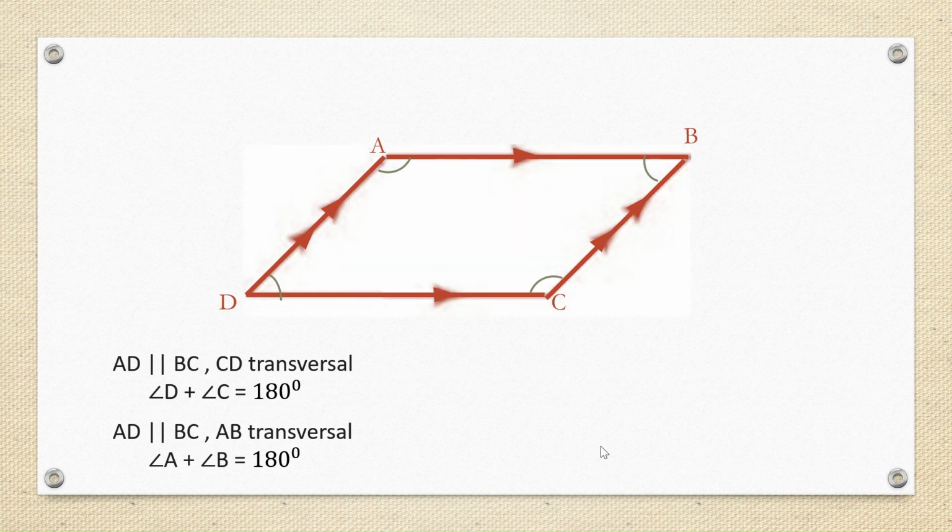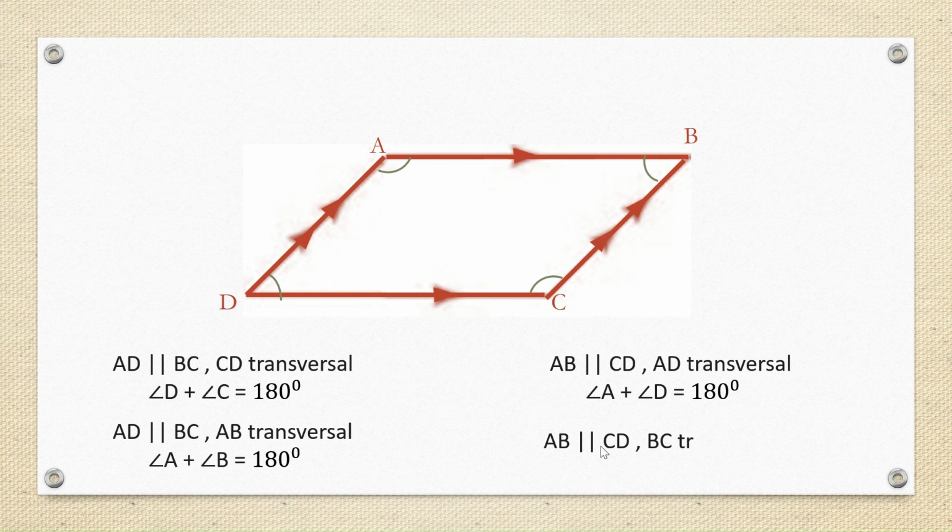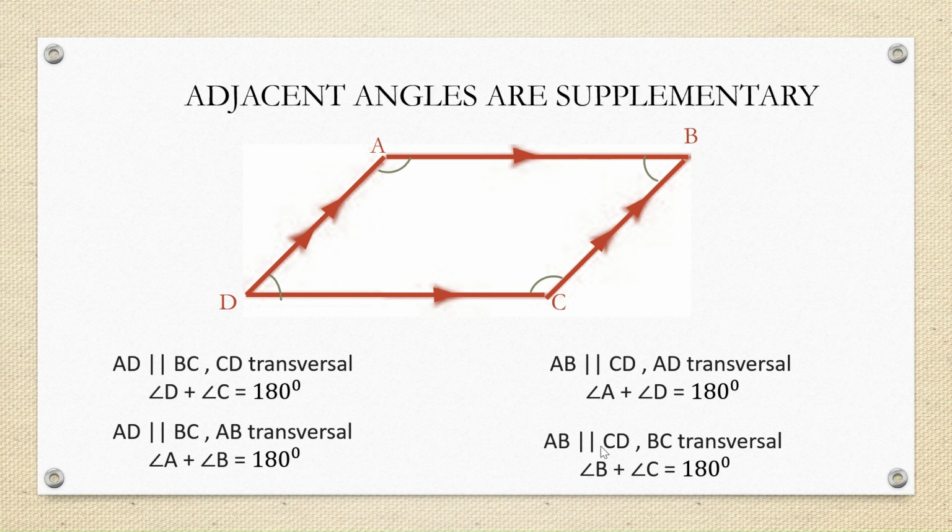In a similar way, if we consider AB and CD as parallel lines and AD as a transversal, angles A and D are on the same side of AD, so they form a consecutive pair adding up to 180 degrees. In a similar way, for AB and CD parallel lines, BC is also like a transversal, and B and C are on the same side of the transversal. So even these two angles add up to 180 degrees. Hence, we can tell that adjacent angles in a parallelogram are supplementary.